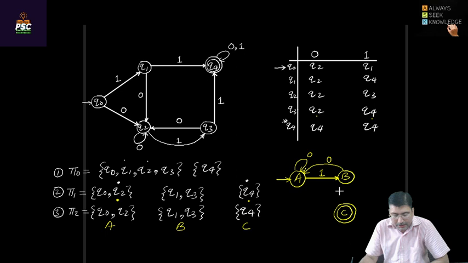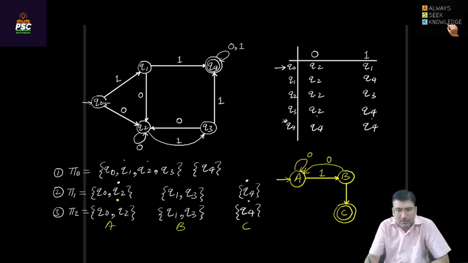And from here we are going to Q4. So Q4 is the final one, like the C state. So we are reaching it by traversing 1 here.